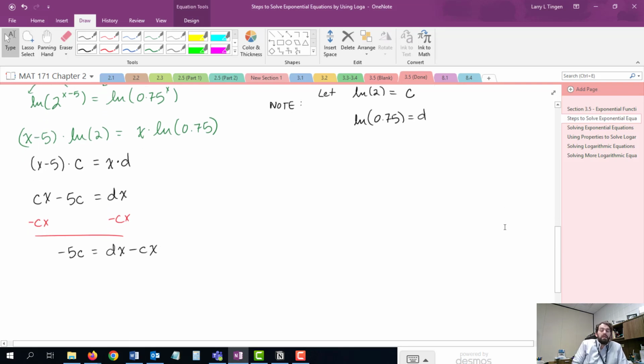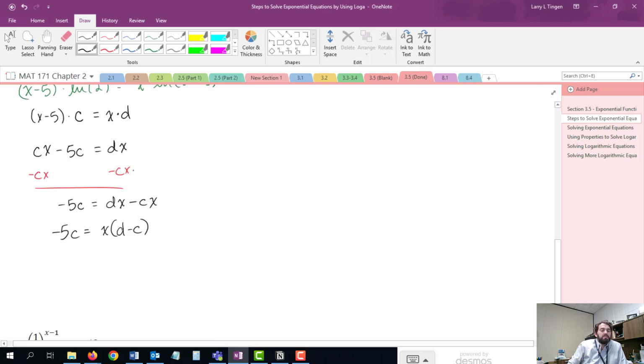My goal is to get x by itself, so on the right-hand side, all of the terms have an x, which means I can factor out that x. Right? dx minus cx, both of those have x's in them, so I bring the x out front.